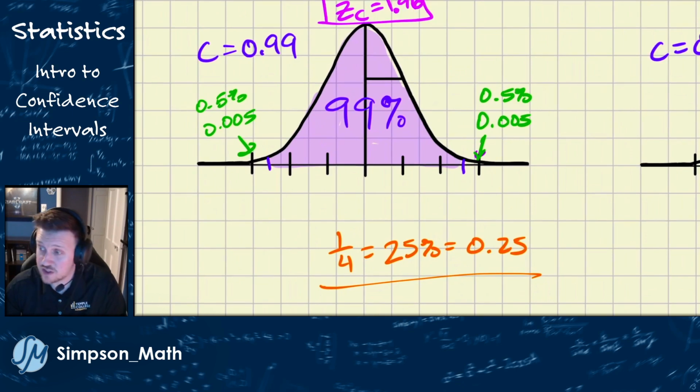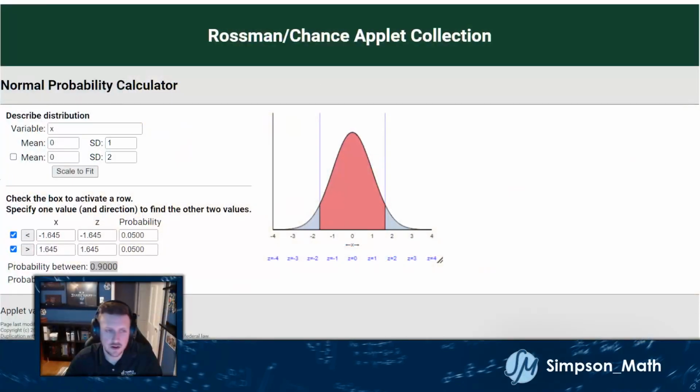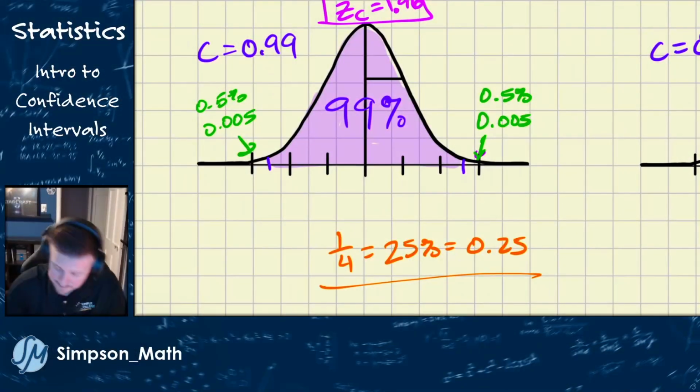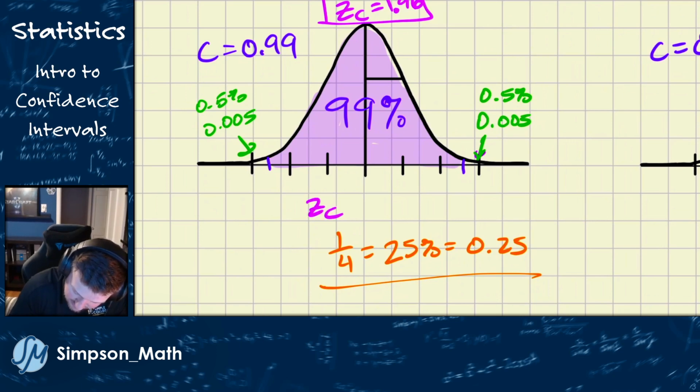All right, so now what is the z-star for this? Same thing: I've lost my mouse, there we go. 0.005 and 0.005, and I can be cheeky and add a 0.99 in the middle, and I get 2.576. So Z star, or Z sub C, is 2.576.